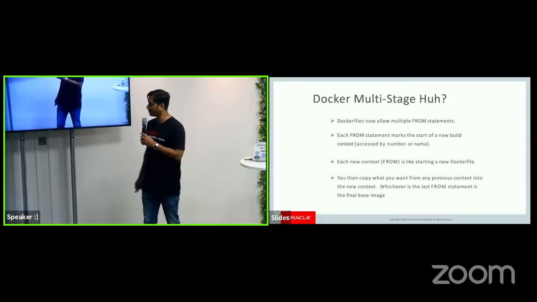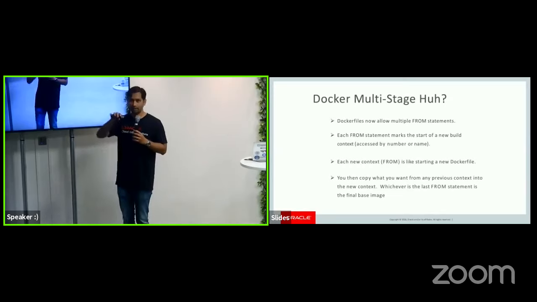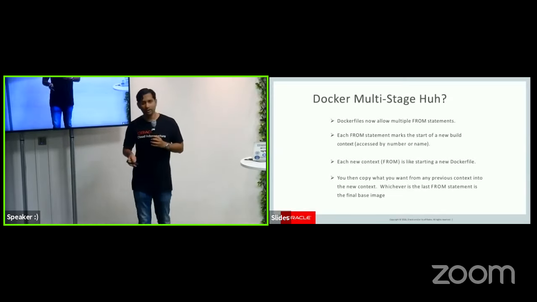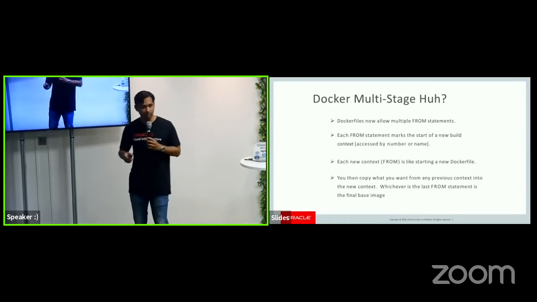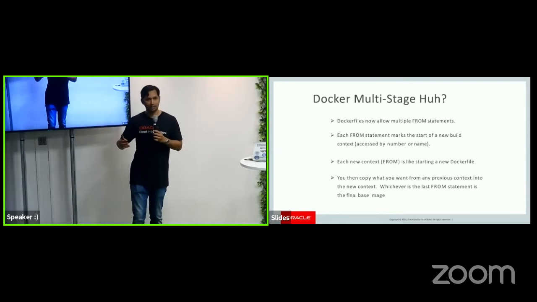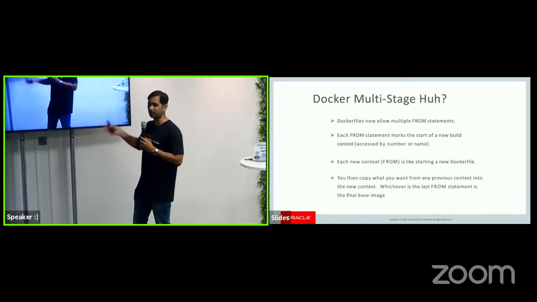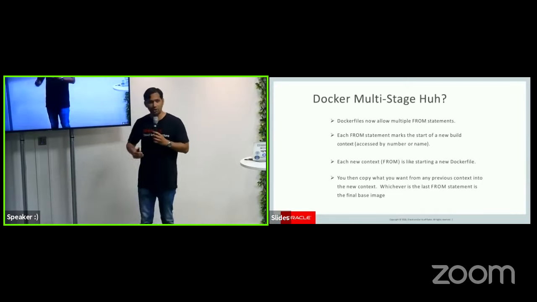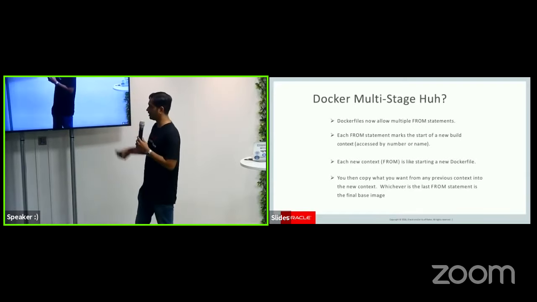Since then, we are using multi-stage build. But before that, around the same time, we were using the builder pattern to create effective or smaller Docker containers than the multi-stage build. But it was a really, really hard process to go through. And that's why Docker came up with multi-stage build.